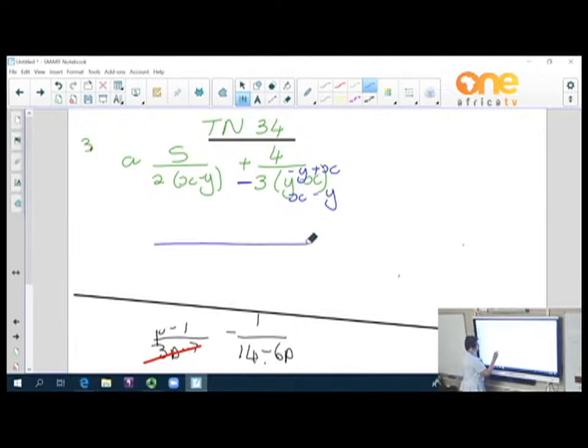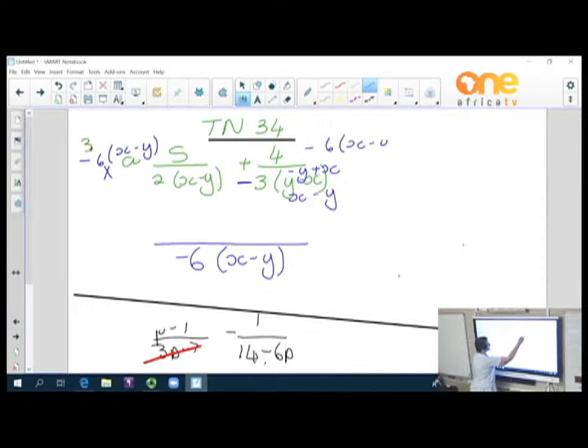From 2 and 3, it will be 6. Okay, but now I have a negative 6 there, and then it is x minus y there. So now I'm going to multiply with negative 6 x minus y, and here you multiply with negative 6 x minus y.